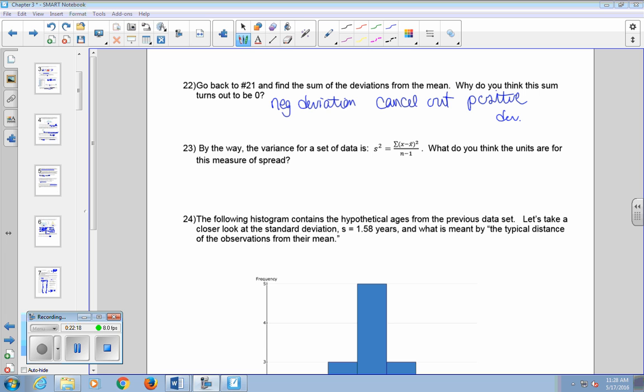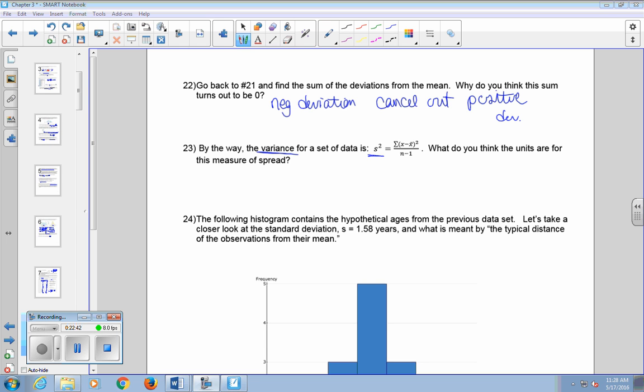By the way, the variance, which is another measure of spread, is s squared. In other words, it's similar to the standard deviation, but we're not taking the square root. So s squared is used to talk about the sample variance. What do you think the units for variance are?